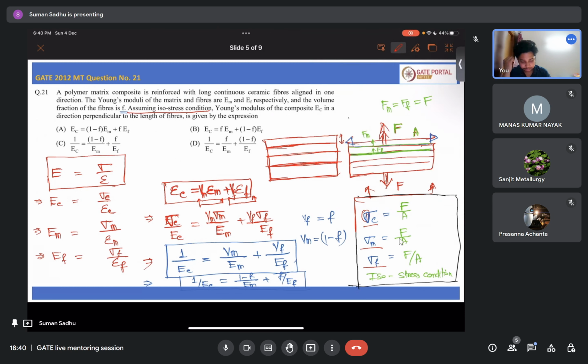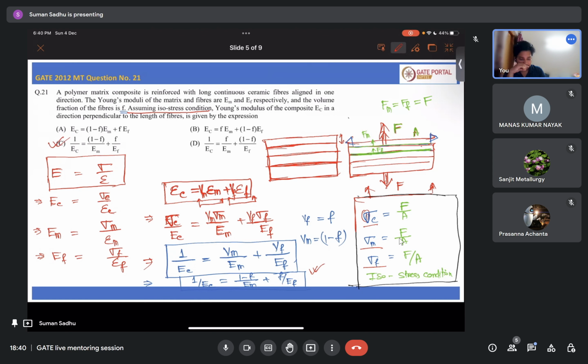Which option? Option D, sir. Option D. This is the expression for loading in the transverse direction: 1 by EC is equal to (1 minus F) by EM plus F by EF. Option C, sir.